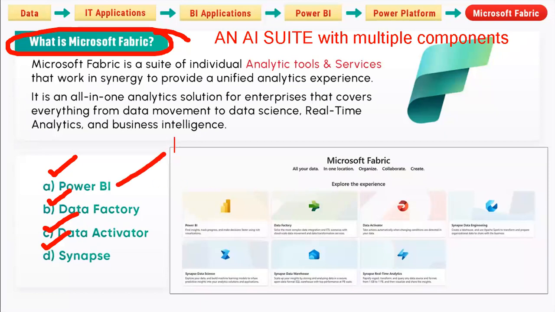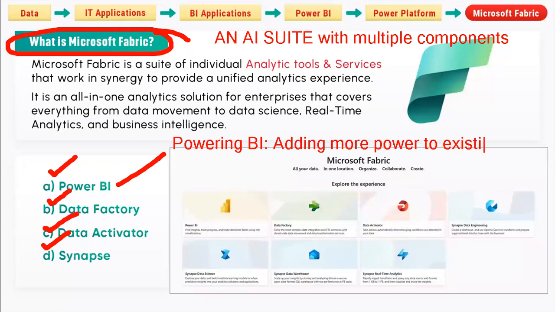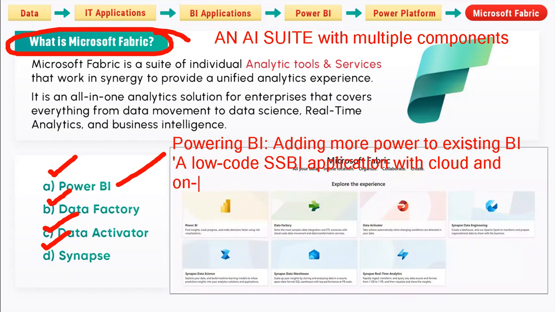And what is Power BI? I told you two definitions last class. Powering BI: adding more power to existing BI. Our second definition I said, a low-code self-service BI application with cloud and on-premises support, suitable for reports and dashboard generation.